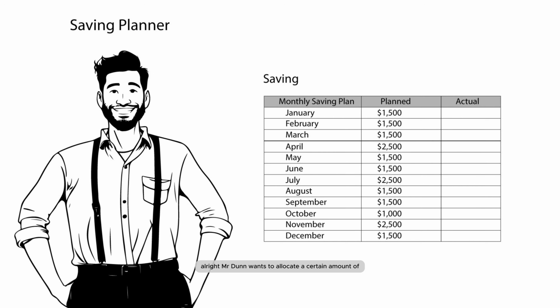Alright, Mr. Dunn wants to allocate a certain amount of his total monthly income for saving. Therefore, he has created saving planner table that will track his planned saving and actual saving amount. Okay, let's create this saving planner into WealthOS.